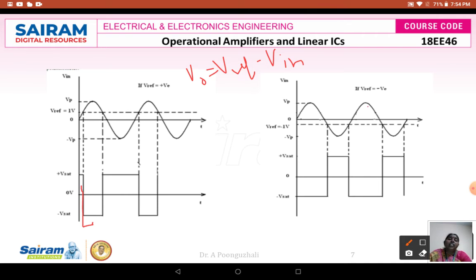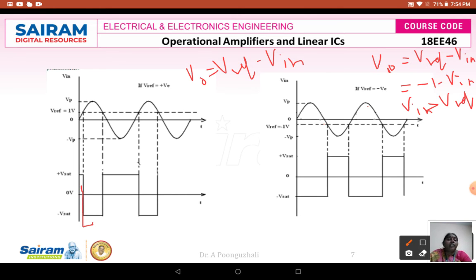Now your V reference is negative. So negative means your V0 is equivalent to your V reference minus V in. So I will take V reference as minus 1 volt, minus V in. First condition is when V in is greater than V reference.